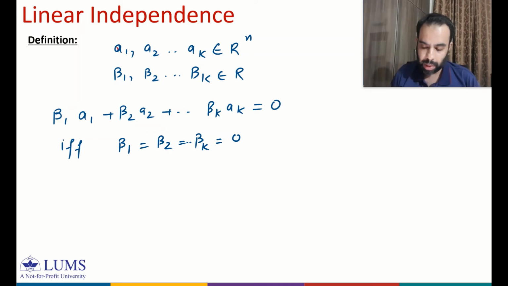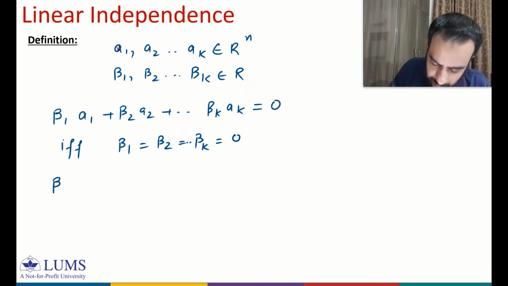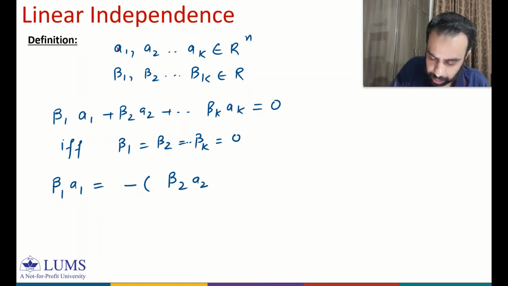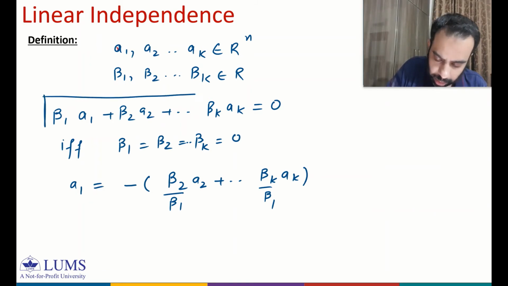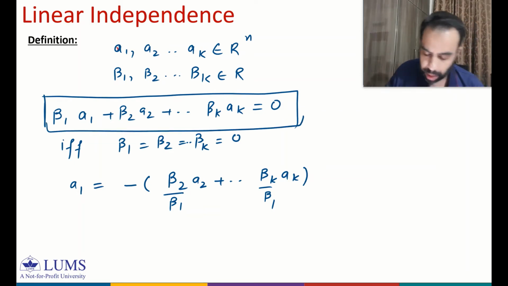Say, for example, if beta1, beta2, beta k are not 0, and this linear combination is equal to 0, that simply means I can write beta1 A1, in fact any of the vectors, as the negative of beta2 A2 plus up to beta k AK, and if I divide by beta1 on both sides, then if this holds for non-zero betas, I can write any vector as a linear combination of the remaining k minus 1 vectors.